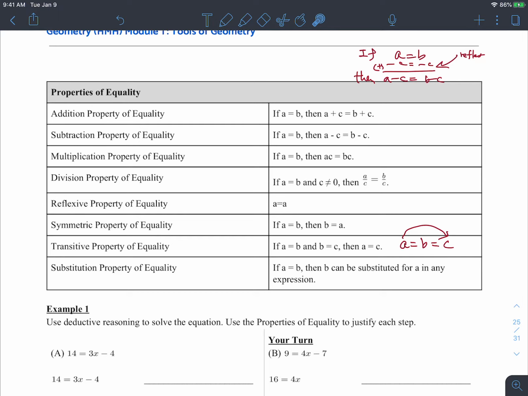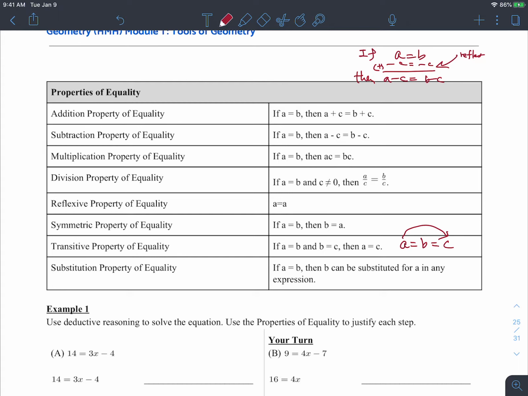Okay. And the substitution property of equality. I'm sorry. If A and B are equal to each other, then you can replace B with A in any expression.